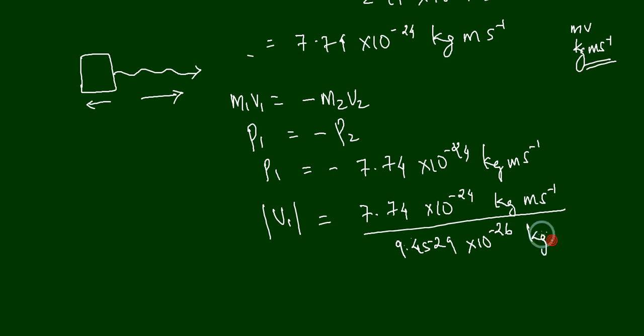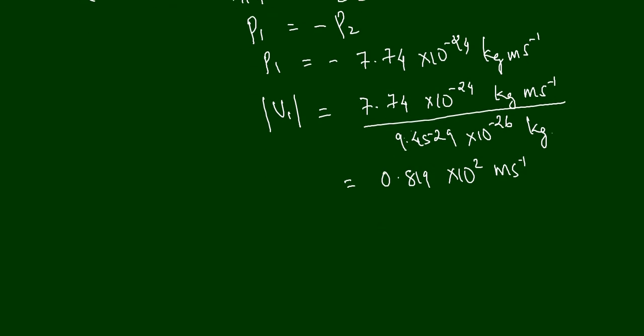That is the mass of the Fe57 nucleus, and the answer is around 0.819 into 10 raised to 2 meter per second, or 0.8, we can count it as 1 because it is almost equal to 1. So this is approximately equal to 10 raised to 2 meter per second.